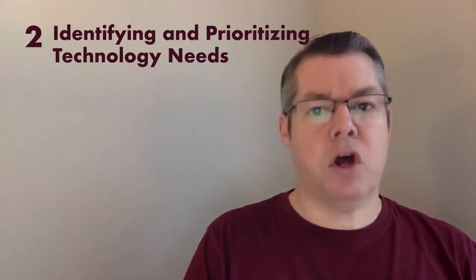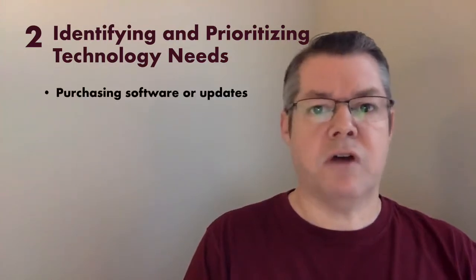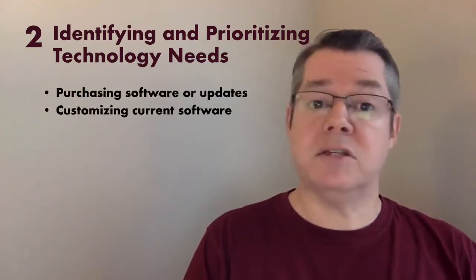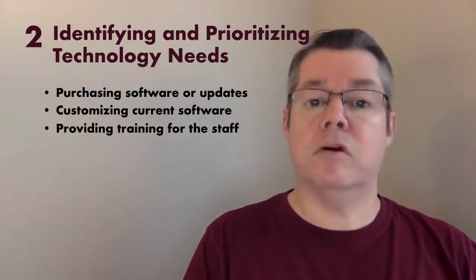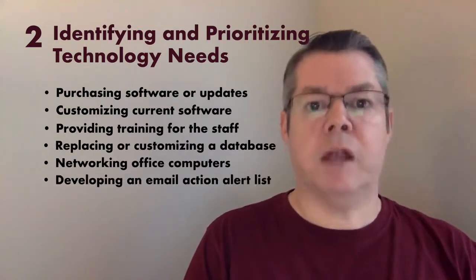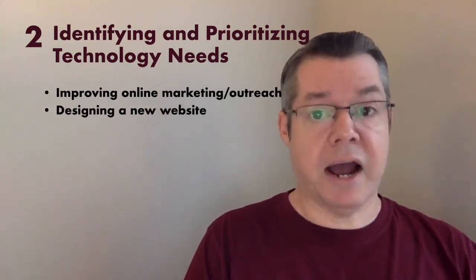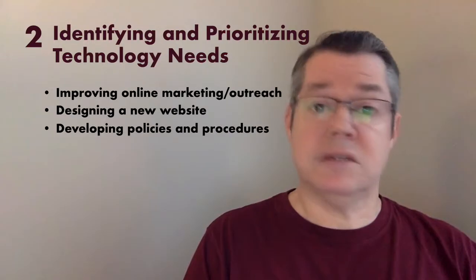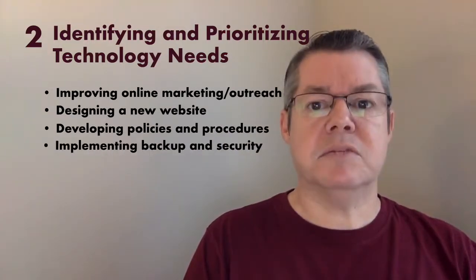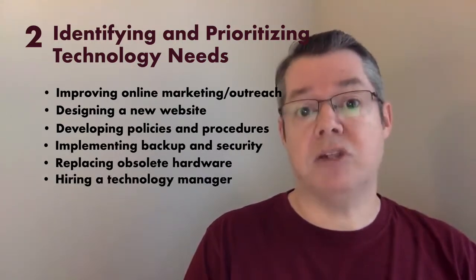Every organization will have its own specific needs, but the possibilities include purchasing new software, software updates, customizing current software to better meet users' needs, providing training for the staff, replacing or customizing a database, networking office computers, developing an email action alert list, improving online marketing and outreach, designing a new website or redesigning an existing site, developing policies and procedures, implementing backup systems and security measures, replacing obsolete hardware, and hiring a technology manager.